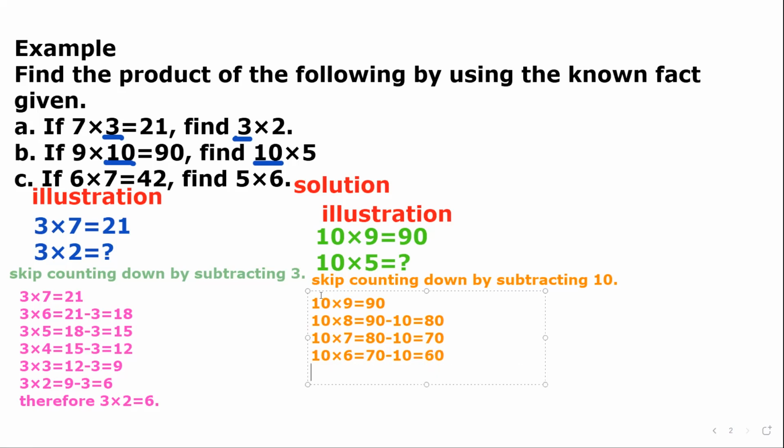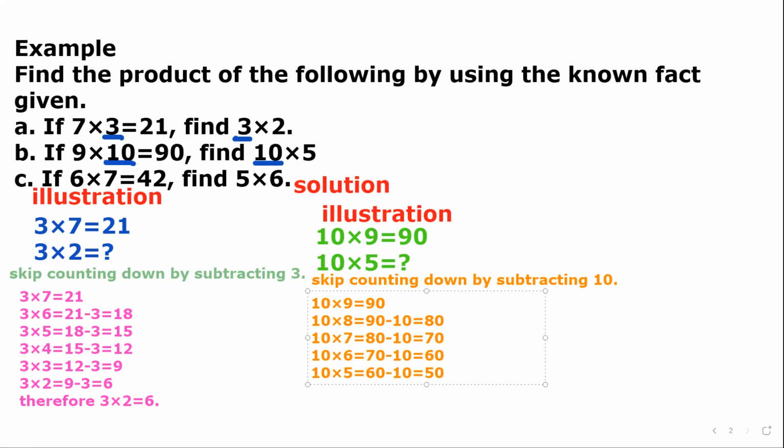Okay. Then you have 10 times 5. That is the previous answer minus the multiplier. That here is 60 minus 10. The answer is 50.